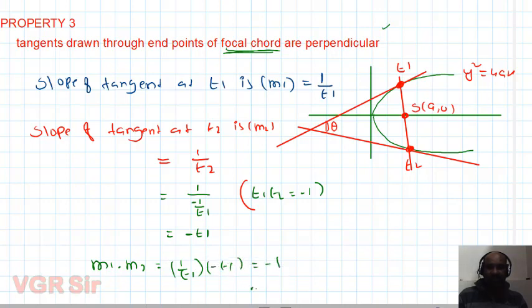What is the meaning of this? The product of the slopes equals minus 1, and neither line is vertical, so I can say that the two tangents are perpendicular.